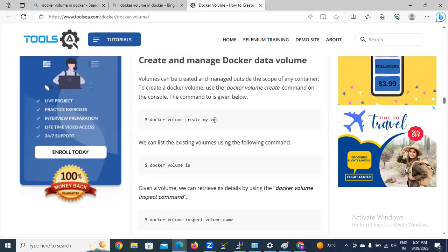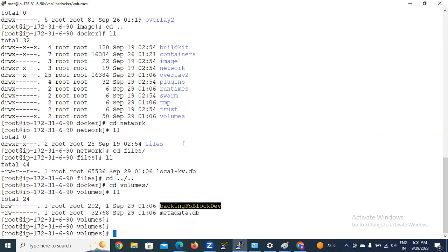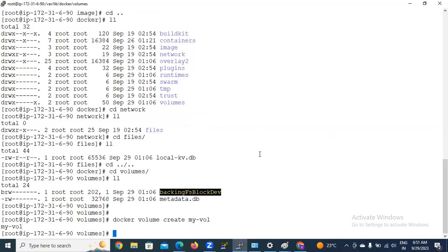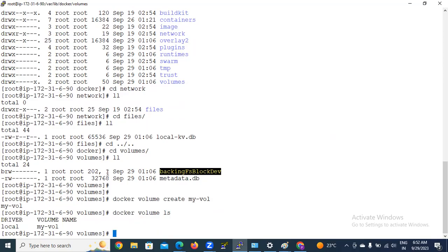Suppose I'm going to create this docker volume, and this is the volume name. Where is it being created? If you want to see whether that volume is created or not, which command? It is the ls command. It is created in the hard disk itself.